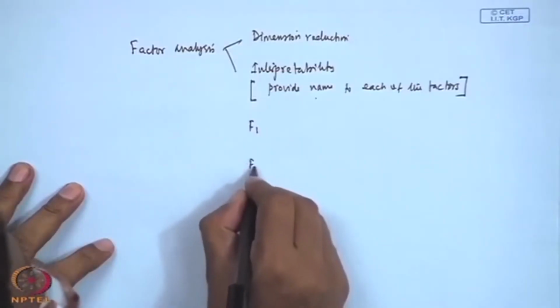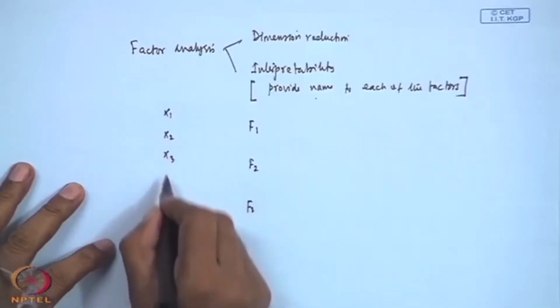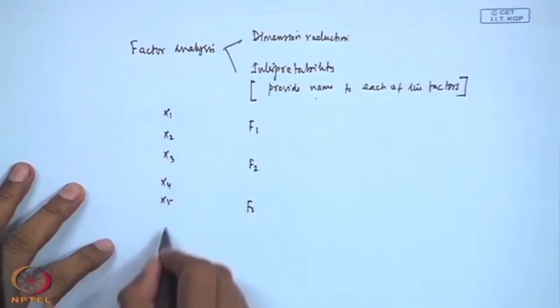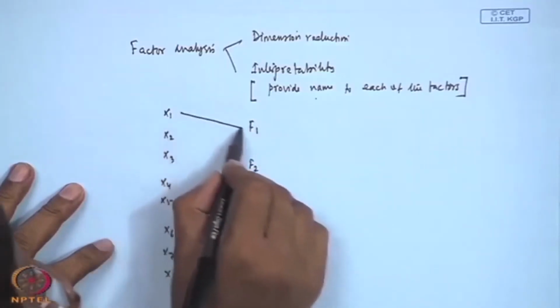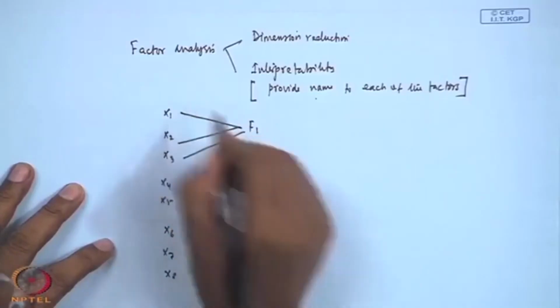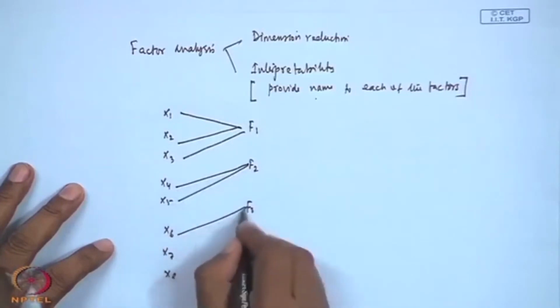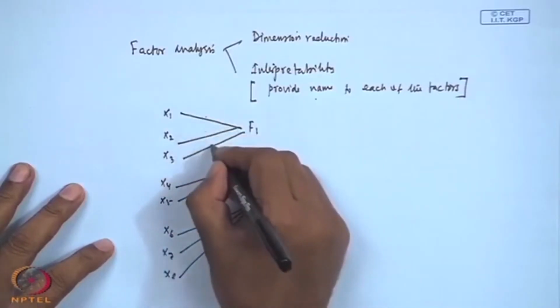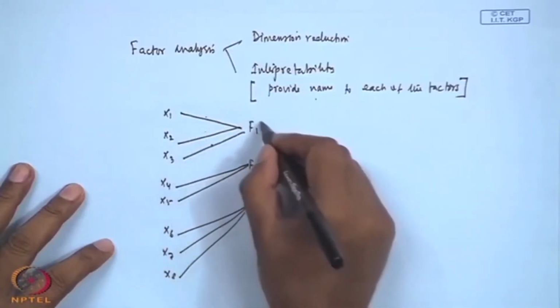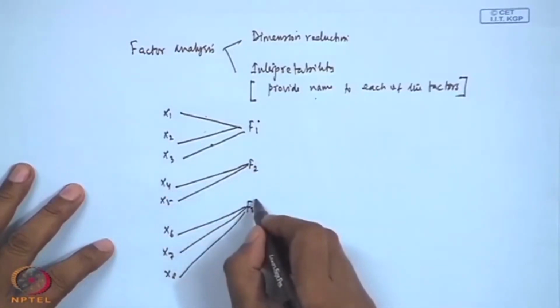For example, consider that we have three factors here and there are several variables like this, and when you have seen the loadings, that means lambda values, you might have found a situation similar to this, where these loadings are high with factor 1, these loadings are high with factor 2, these loadings are high with factor 3.